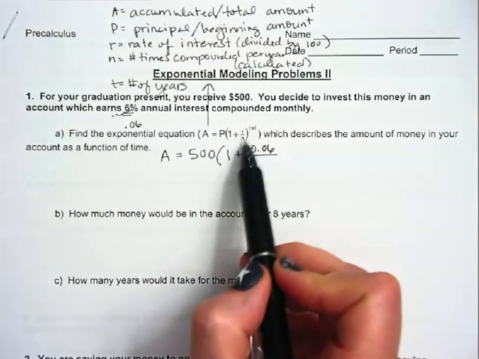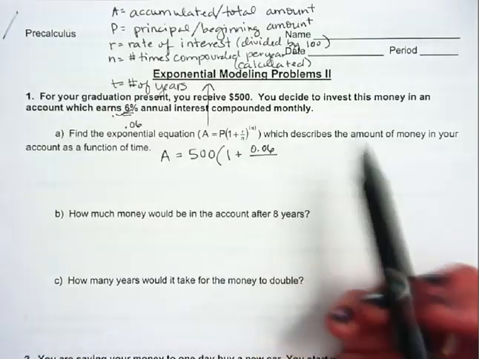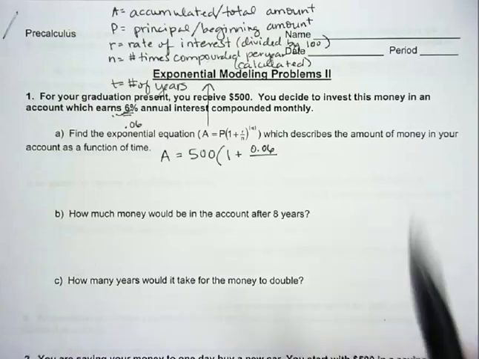N is in 2 places, and we're going to use the same number for both. That's how many times a year the interest is compounded. That means the interest is calculated, it's added back to the principal amount, and now that's your new accumulated value, and how many times a year that process occurs, calculating the interest.